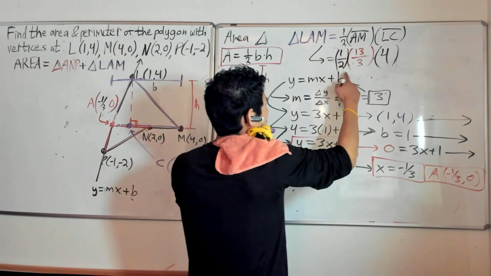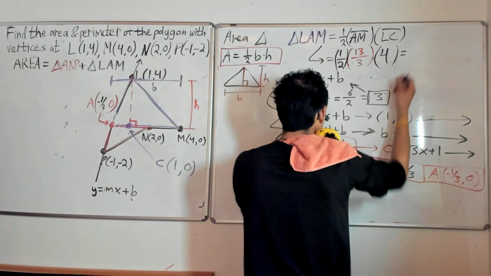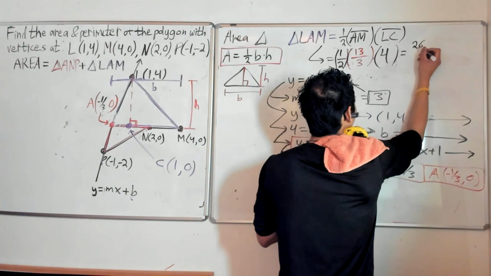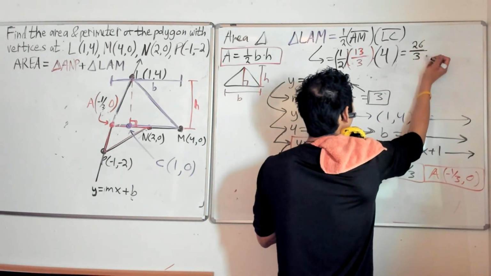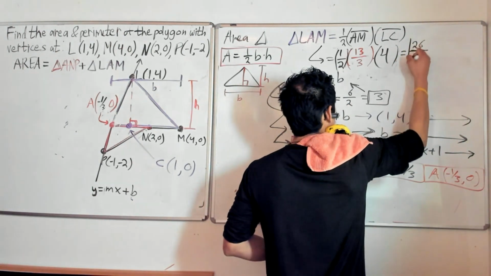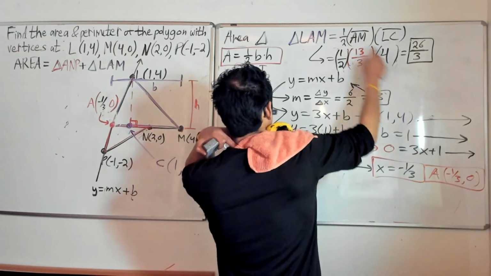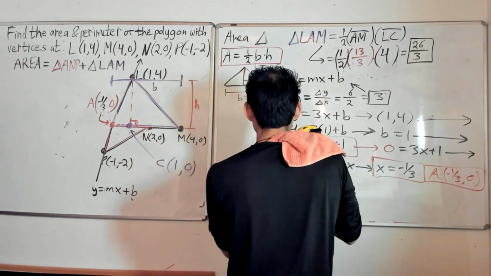Doing the math, 1/2 of 4 is 2. 2 times 13 over 3 is 26 over 3. So 26 over 3 square units will be the area of triangle LAM.